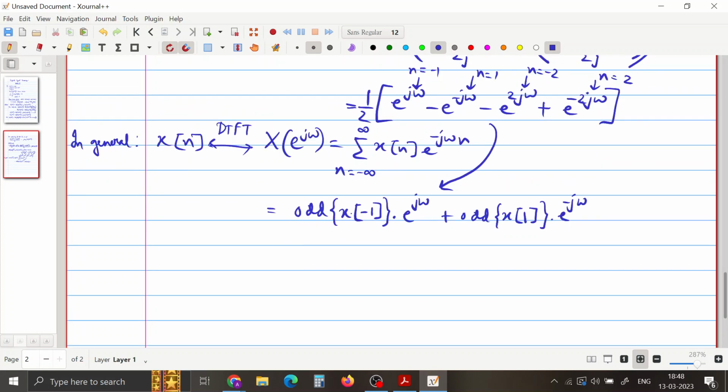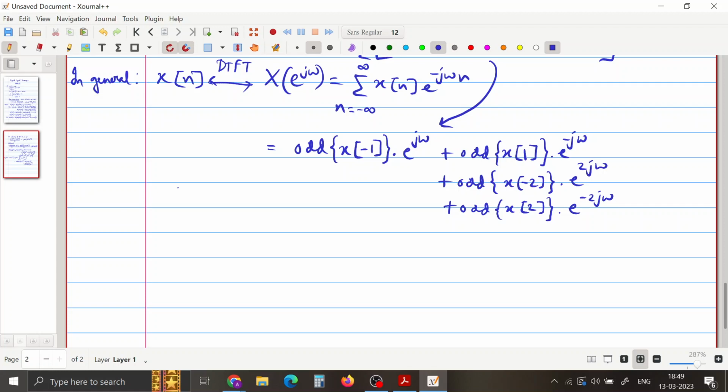Similarly, it just comes from the formula of the DTFT, x of minus 2 times e power 2j omega, and finally the odd part of x of 2 times e power minus 2j omega.